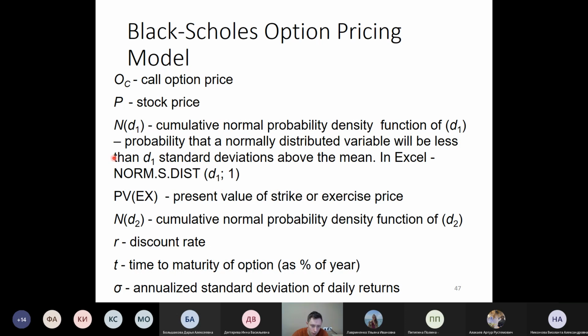And these values depend on the discount rate, also time to maturity of the option, the same that we discussed earlier.